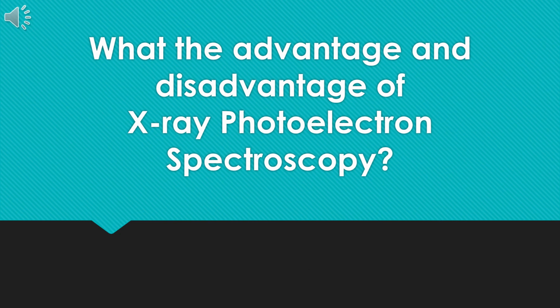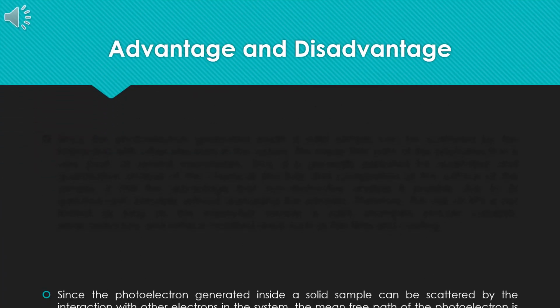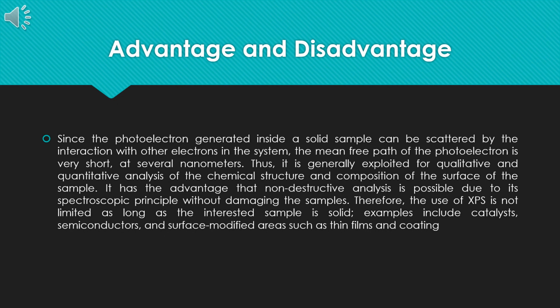The next slide is about the advantages and disadvantages of X-ray photoelectron spectroscopy. Since the photoelectron generated inside a solid sample can be scattered by the interaction with other electrons in the system, the mean free path of the photoelectron is very short, at several nanometers.